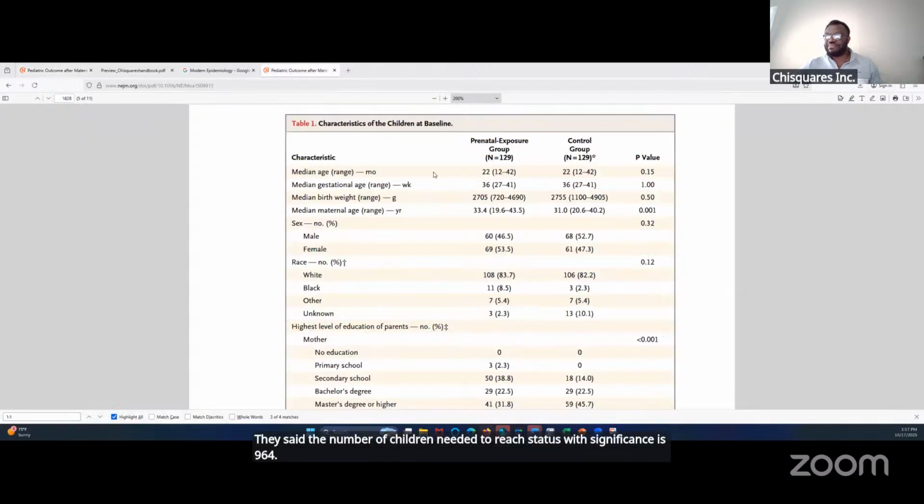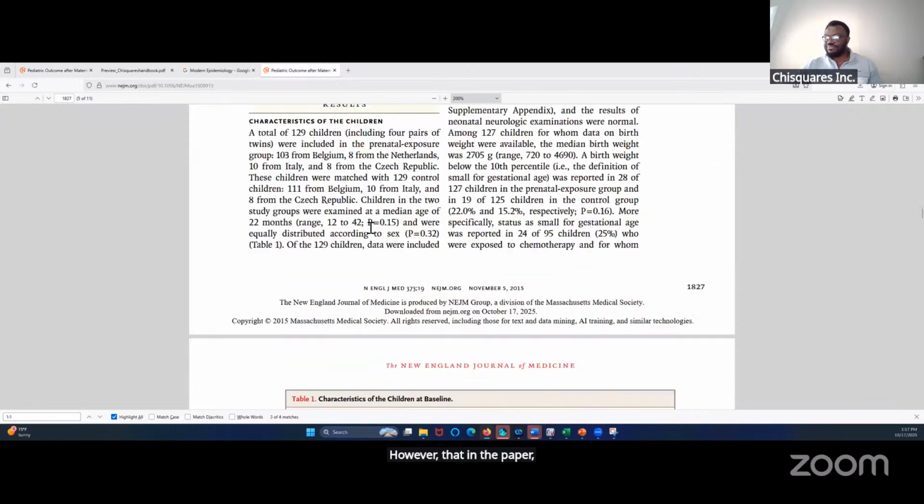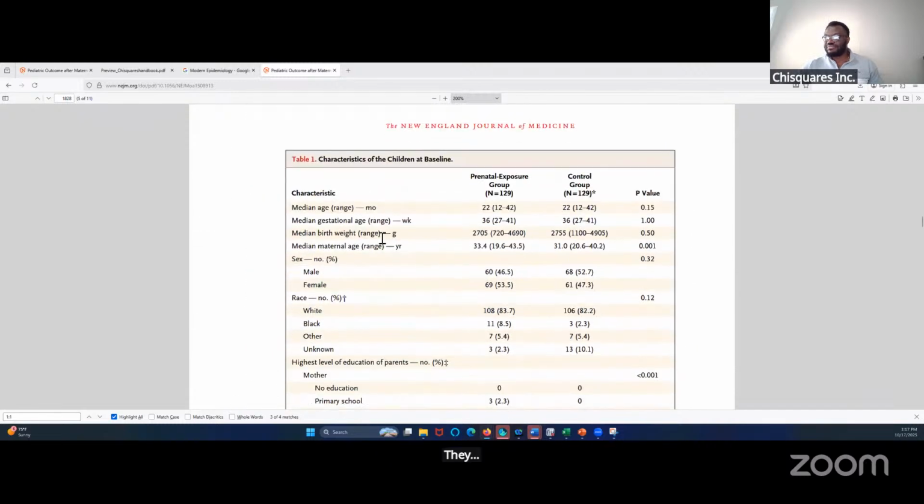However, in the paper, the number of children was 129 plus 129. That's approximately 260. So here, instead of 960 something, they have 200 something. And that's why most of the results are not significant.